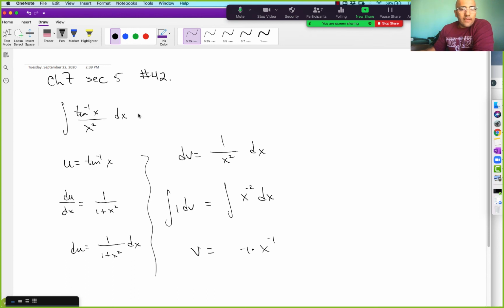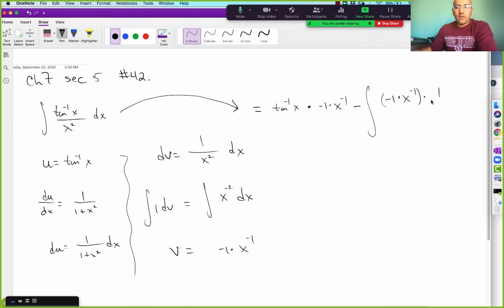Okay, so then this becomes equal to tangent inverse of x times negative 1 times x to the negative 1, minus the integral of these two, negative 1 times x to the negative 1 times the 1 over 1 plus x squared dx.